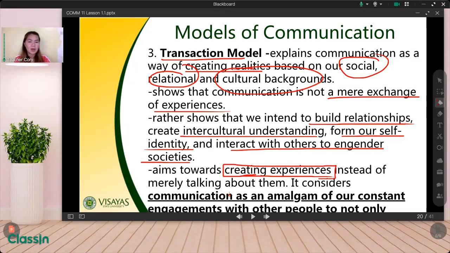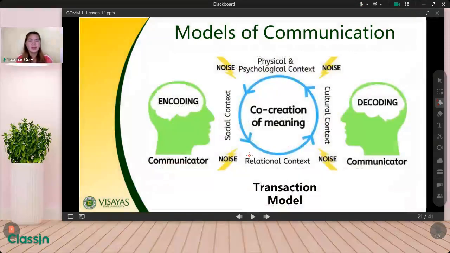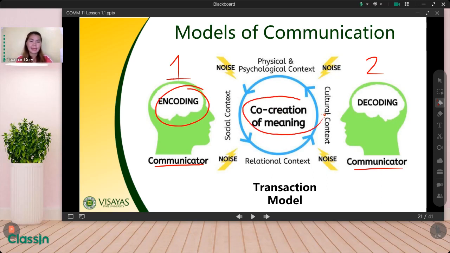So it's like a mix or combination. When we go back to this one, it's a combination of our constant engagements already. So that's amalgam, constant engagements with other people. So this is how it looks now. This is the first communicator, this is the second communicator, and this person is encoding. As you can see, they are co-creating meaning. There is a co-creation of meaning happening within this culture, within this communication setting.